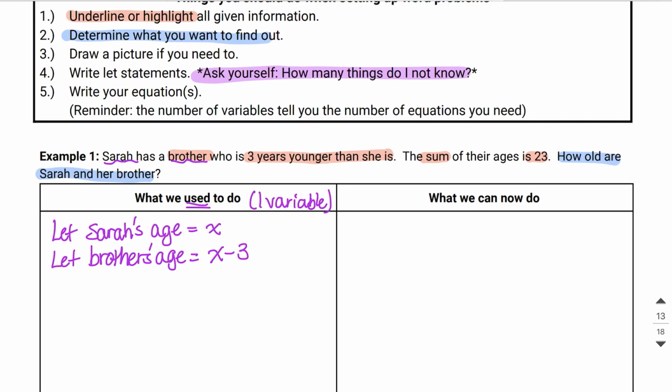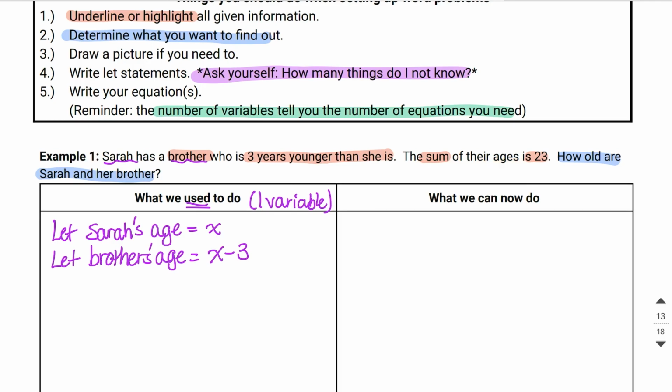Just a reminder that the number of variables tells you the number of equations. In this example, we only have one variable, so we only need to write one equation. Where do I get my information to write my one equation? From this right here: the sum of their ages is 23.